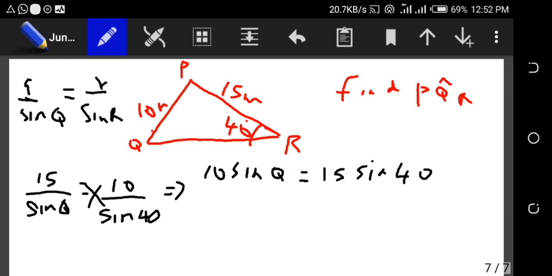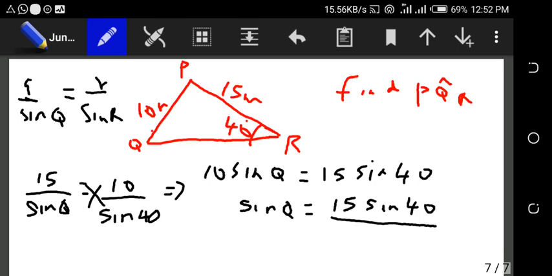Therefore, for us to get our sine Q, dividing both sides by 10, it now means that sine Q is equal to 15 sine 40 over 10. Now when you punch this in the calculator, 15 sine 40, that's 15 times sine 40 divided by 10, it means that sine Q is equal to 0.9642.